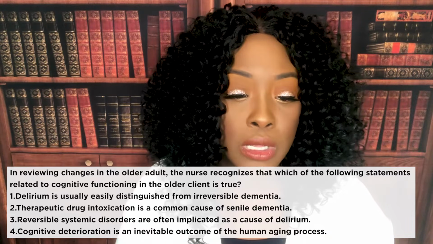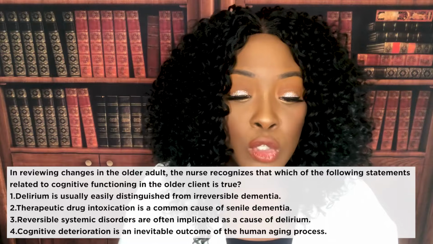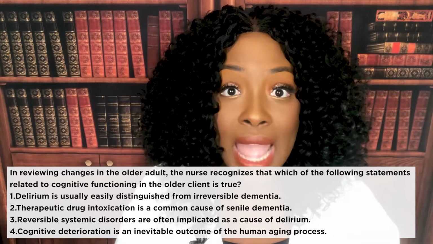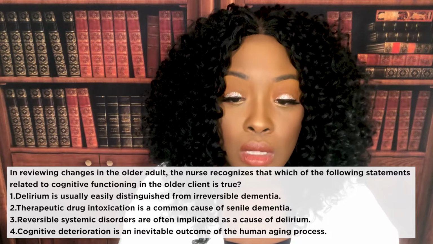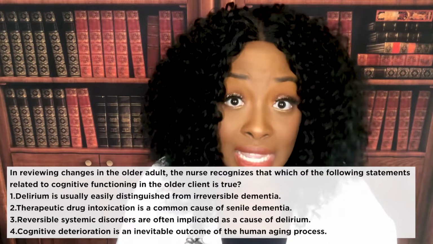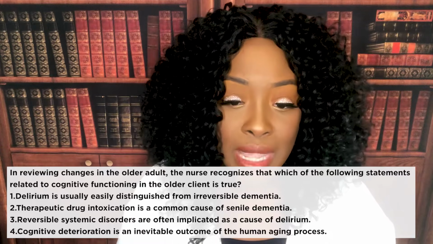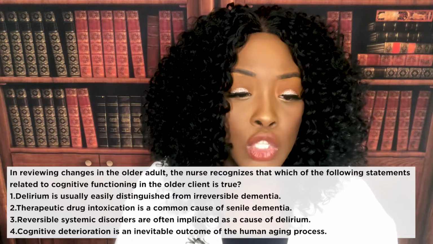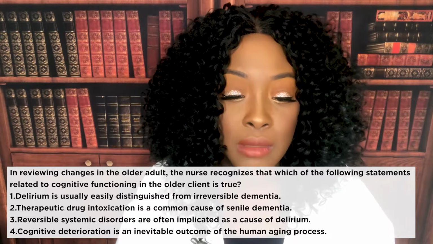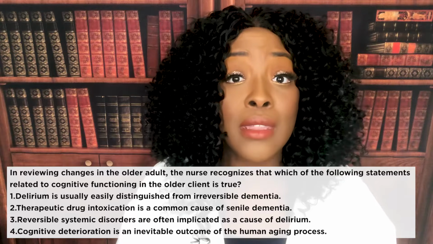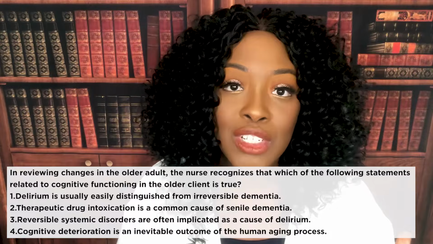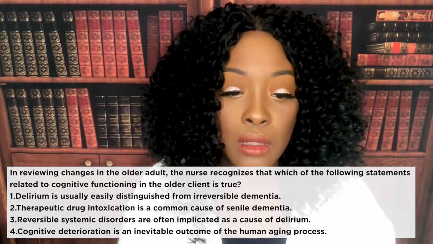Let's go over the wrong choices. Number 1, delirium is usually easily distinguished from irreversible dementia. It's not, in the older adult, okay? So it's going to take what? In-depth assessment. You have to be able to assess your patient. 2, therapeutic drug intoxication is a common cause of senile dementia. No, it's a common cause of delirium, because as soon as you clear up that drug intoxication, their cognition comes back.